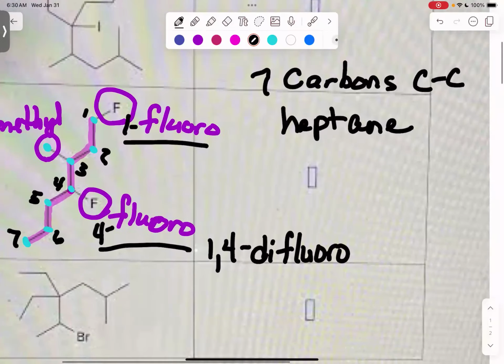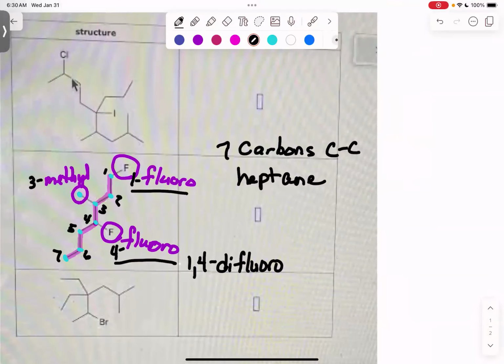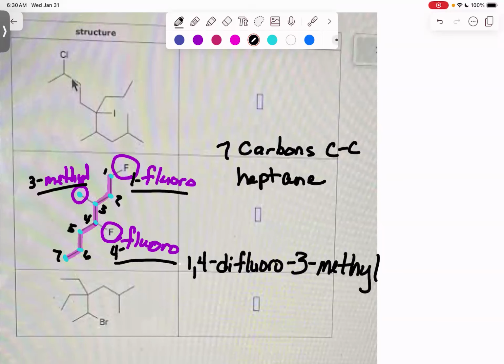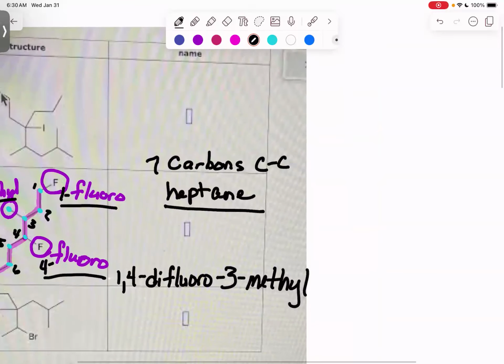And again, check my spelling, difluoro. Then I have to catch my methyl. Anywhere we have letters and a number, we put a dash. So that's -3 methyl. And then I just take my parent name, heptane. And that's it: 1,4-difluoro-3-methylheptane.